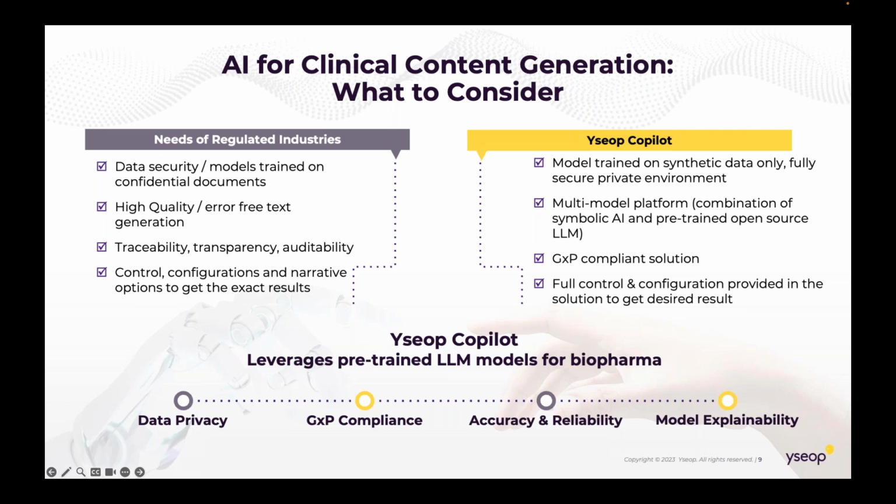And in our case, we use what we call a hybrid approach, which is we use symbolic AI, which is rules-based, with generative AI to really give medical writers the solutions that they need. I mentioned GXP compliance. This is key, and so built into the application, there needs to be checks and balances there. And then finally, once again, we allow in the UI some control, and we'll show you that in the demo here in a few minutes.